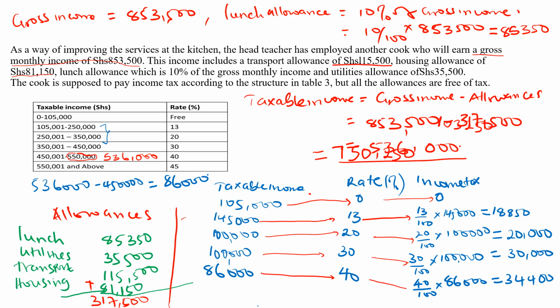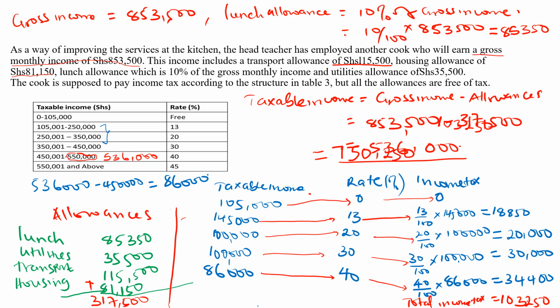After that, it's better you come now and you find the total income tax. You add all this under income tax and see what you'll get. If you add all this, you get the total of income tax as 103,250 shillings.